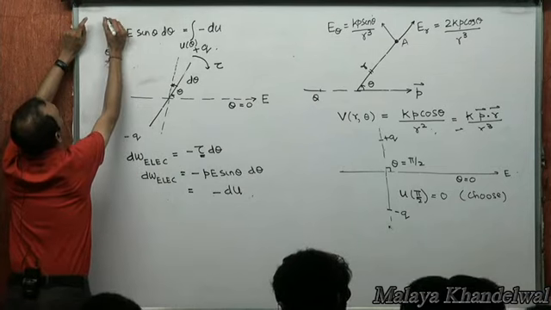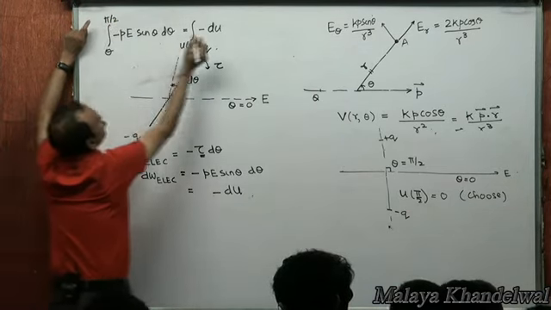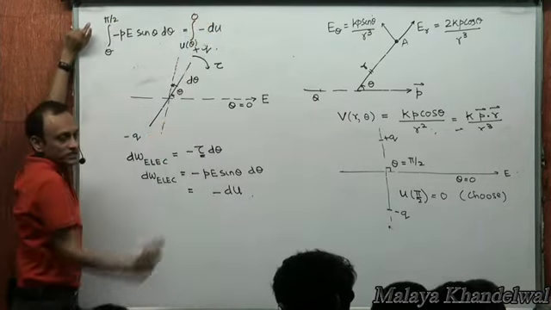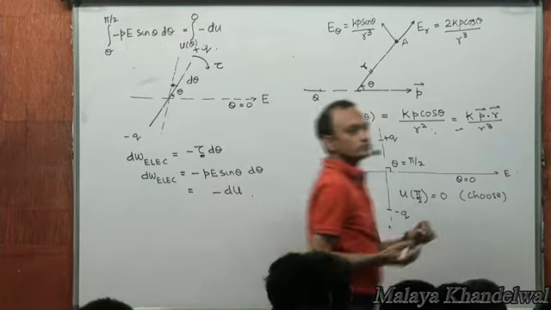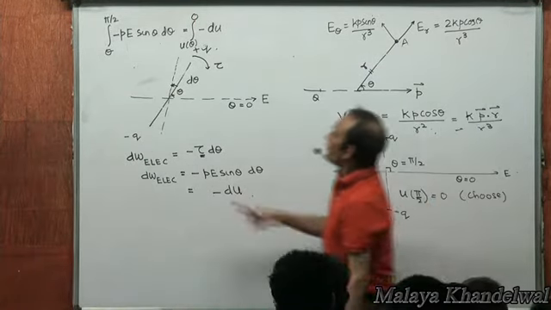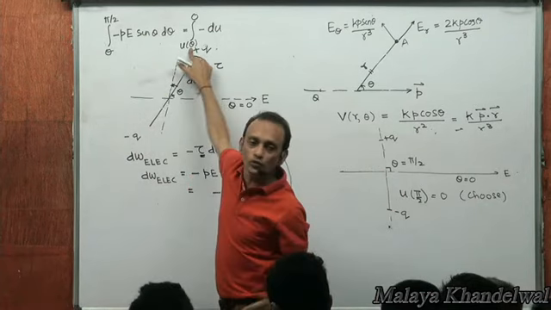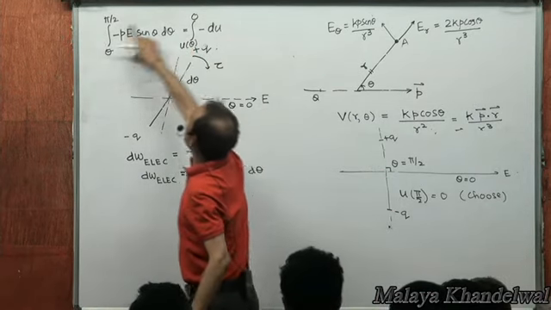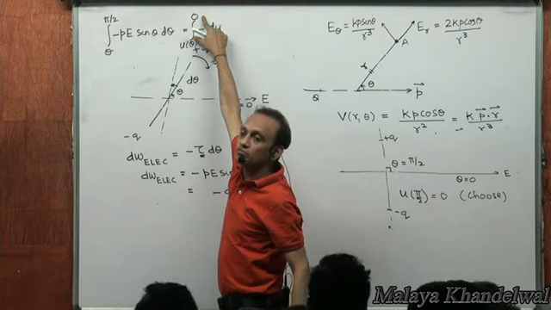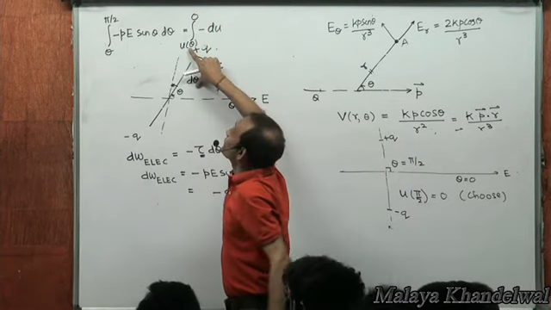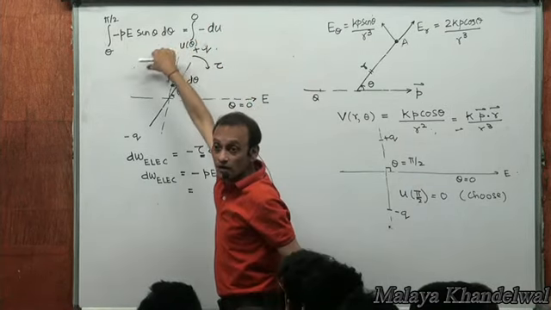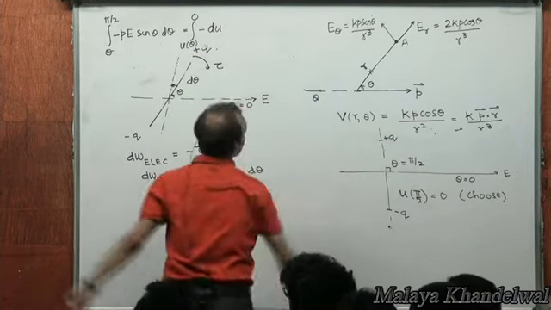When theta is pi by 2, U will be 0 by choice. You know what I've done here? This will give me the variation of U with theta if I integrate both sides. Let's do that.